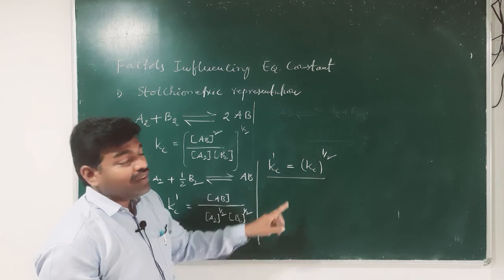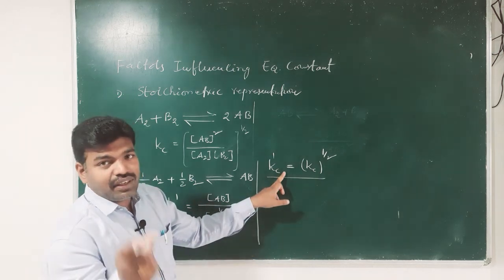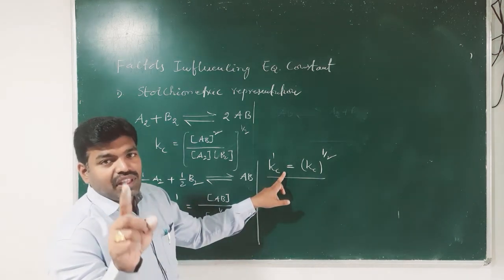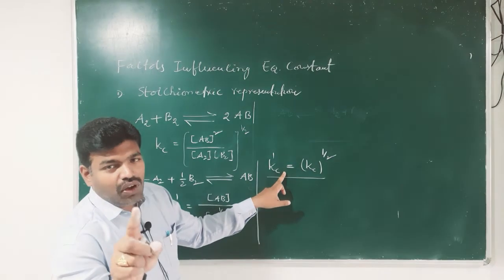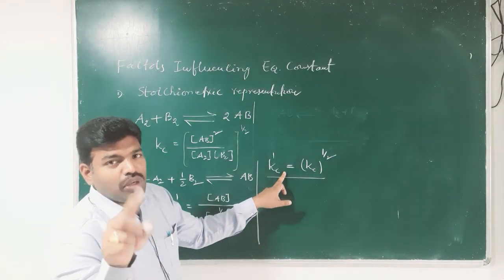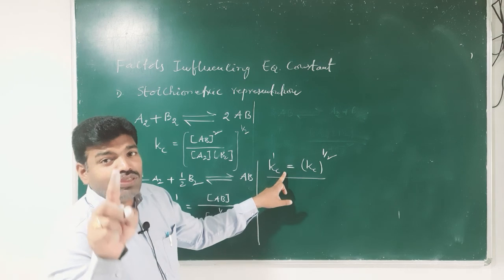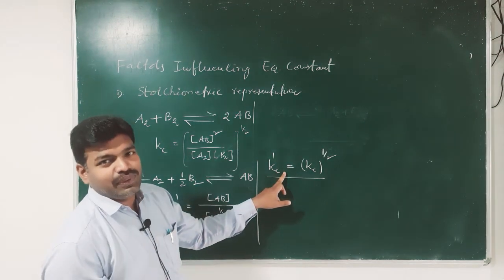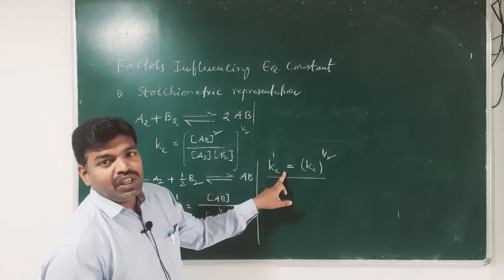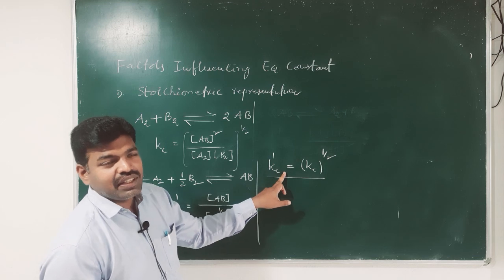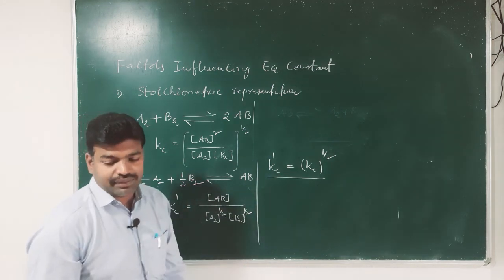That is, when we divide a reaction with a factor n, the new equilibrium constant will be the nth root of the previous equilibrium constant. So, this is one factor.